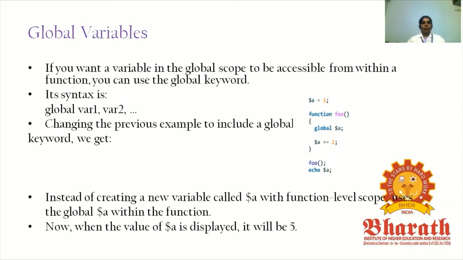Next concept, global variable. When you declare a variable as global, we can access it anywhere, inside of the function also. See the declaration: global $var1, $var2. Global is a keyword followed by the variables, and like that you can declare global variables.